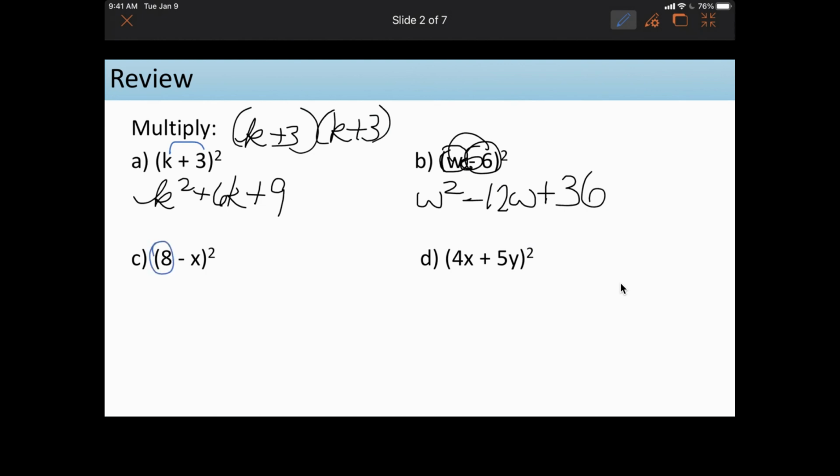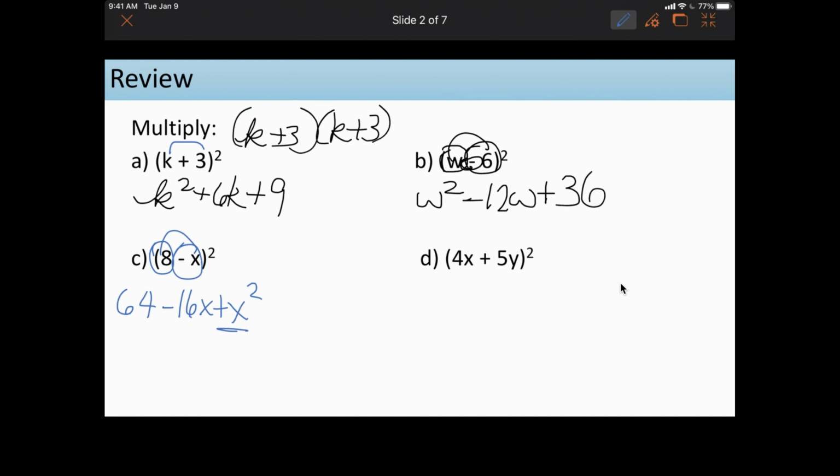All right, square it, middle term, multiply and double. Yeah, so this last term in the back is always going to be positive because you're going to square it. And even if you're squaring a negative, it's going to be positive. So this one, some students just freak out like, I can't do it.